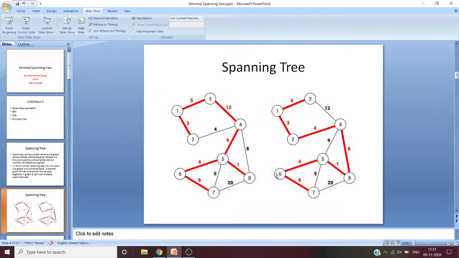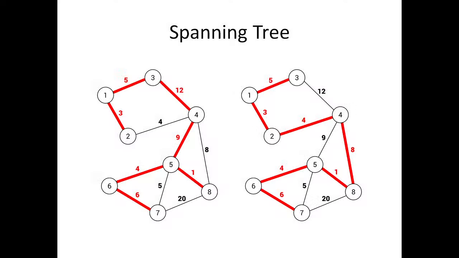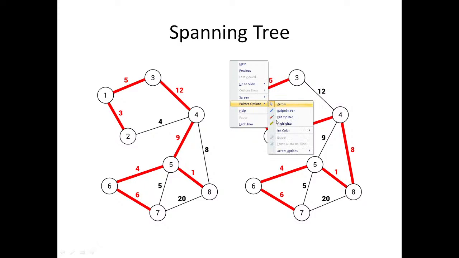We can see in this picture. This is a graph. Let me do the slideshow so that you can understand. This is a graph. The total graph contains 8 vertices and several edges, isn't it?